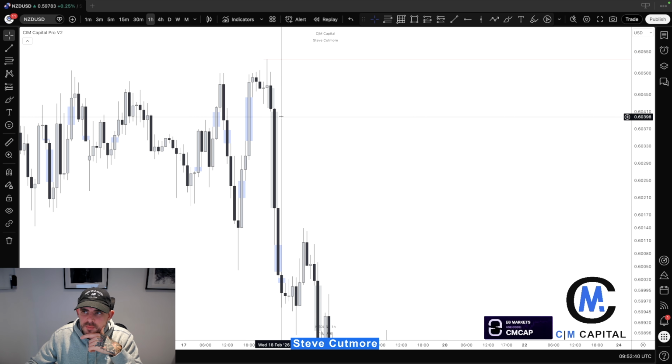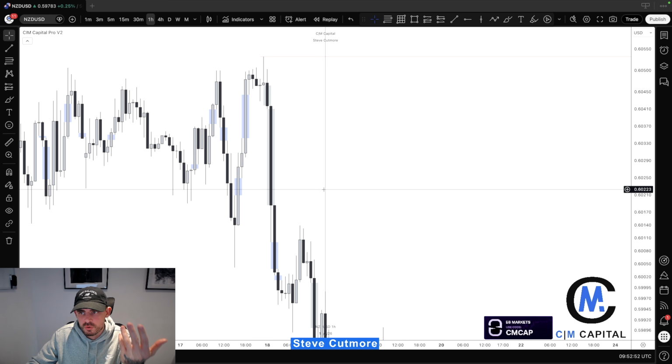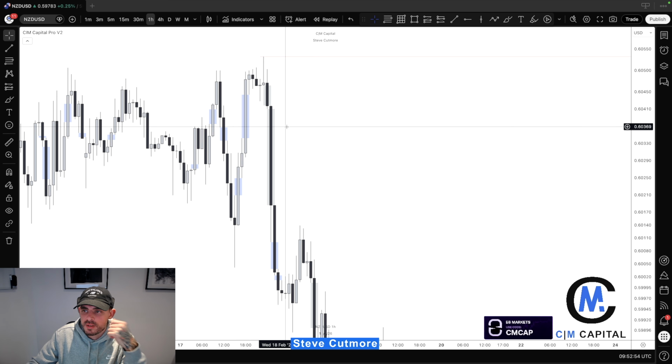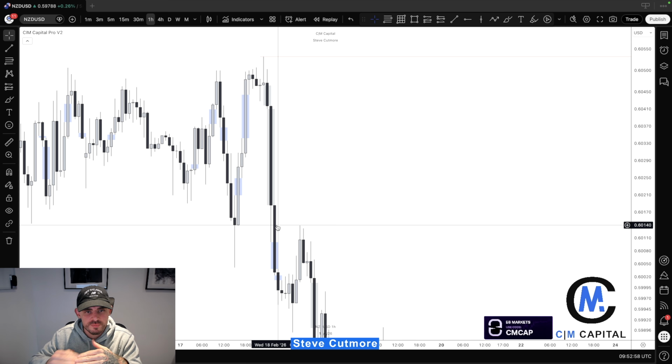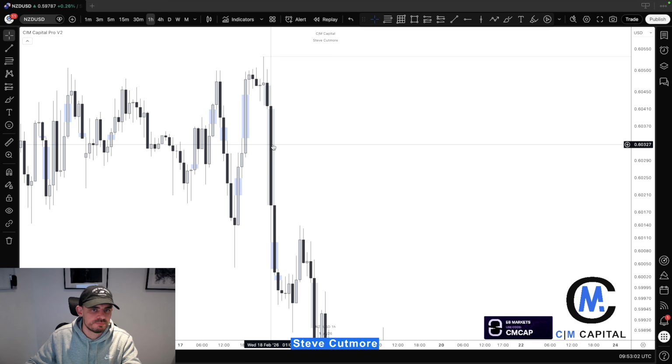A fair value gap is created when there is a gap in the middle candle, meaning that this candle here and this top candle don't meet each other, i.e. the wicks or even the candle bodies, or any part of those 2 candles. So if that candle there and this candle here don't touch, there is a gap in the market that needs to be filled or disrespected or rebalanced or whatever.